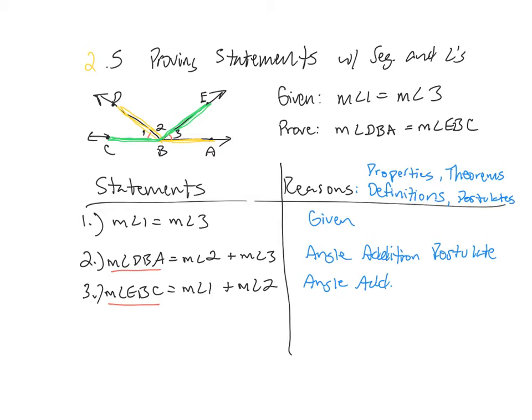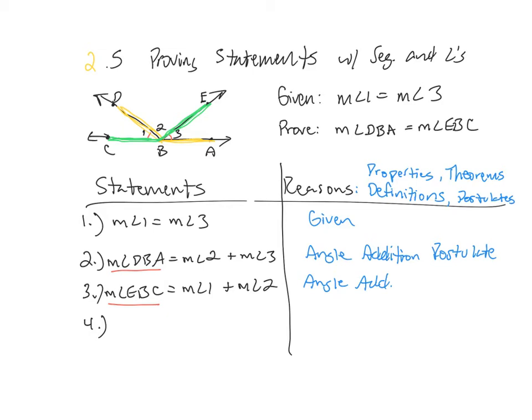Okay, so here's where, it's like, what else do I know? So here's where some of the other properties come into play. 1 and 3 are the same. So I can substitute, anywhere I see an angle 1, I could put a 3, or anywhere there's a 3, I could put a 1.